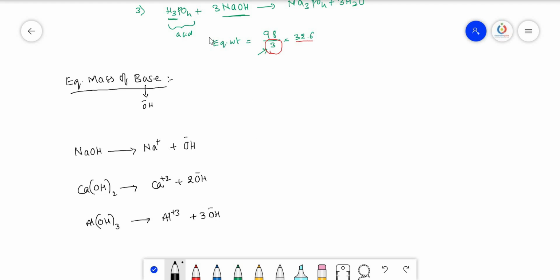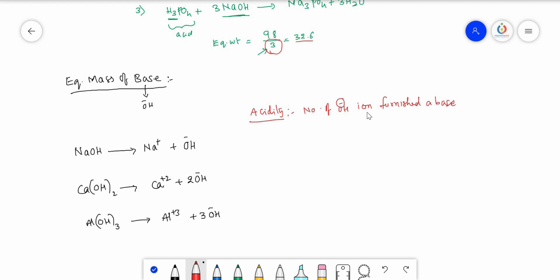In the earlier case, in the case of acids, the number of H plus ions released by the acid was called basicity, and here it will be called acidity. So, acidity means the number of OH minus ions furnished by a base in a chemical reaction.